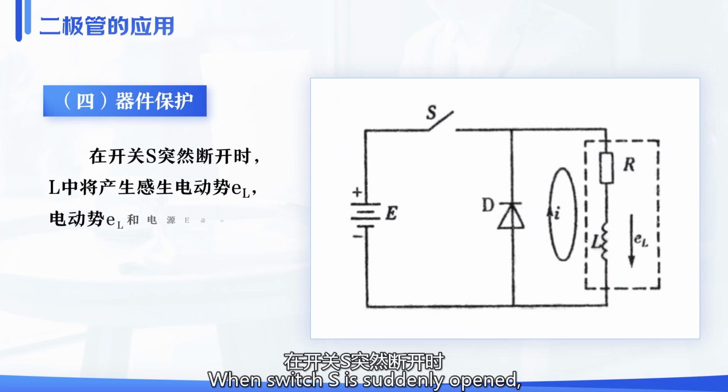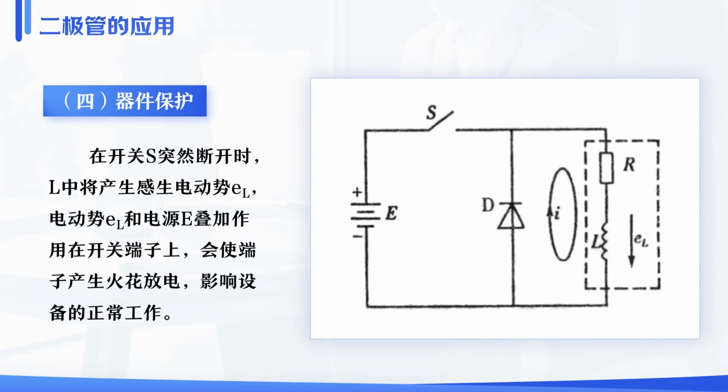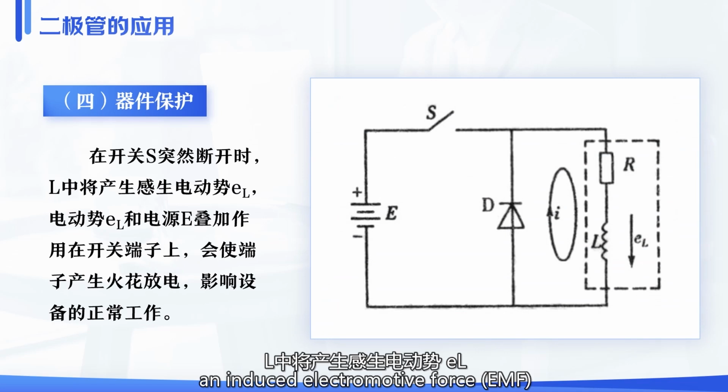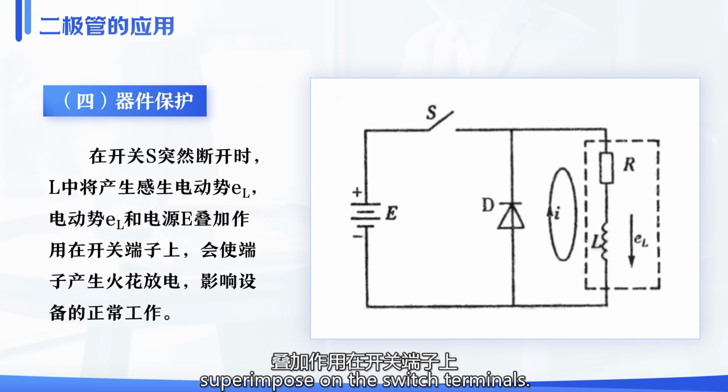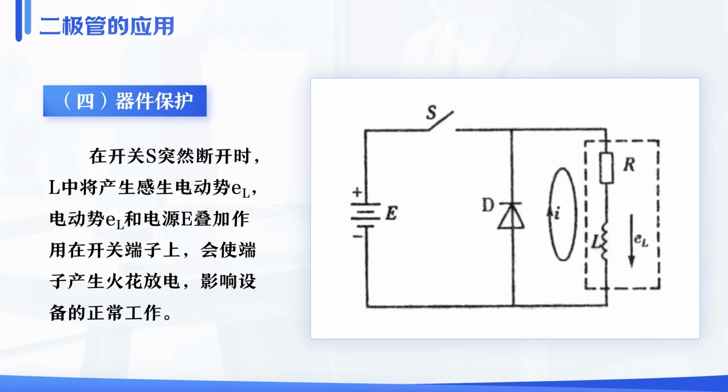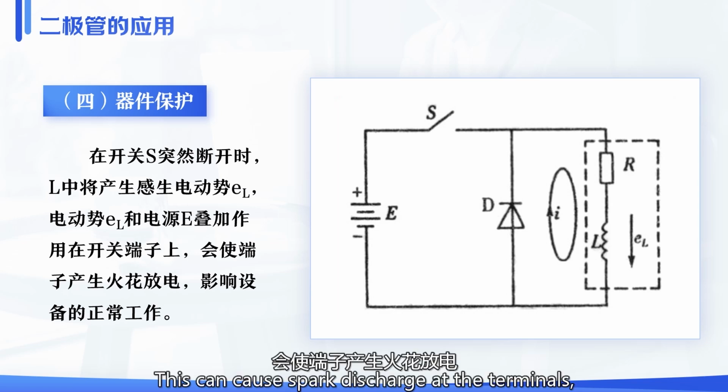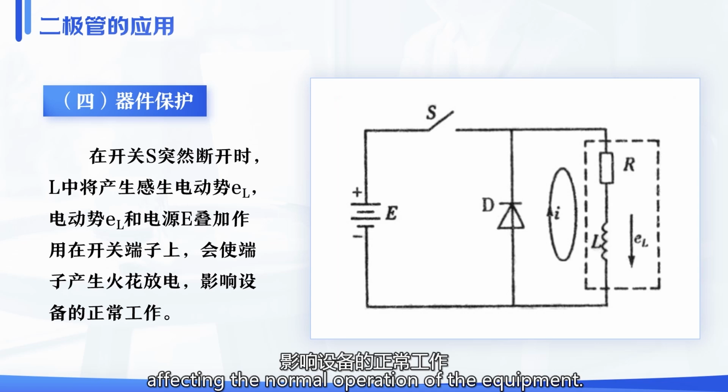When switch S is suddenly opened, an induced electromotive force EL will be generated in L. The EMF EL and the power supply E superimpose on the switch terminals. This can cause spark discharge at the terminals, affecting the normal operation of the equipment.